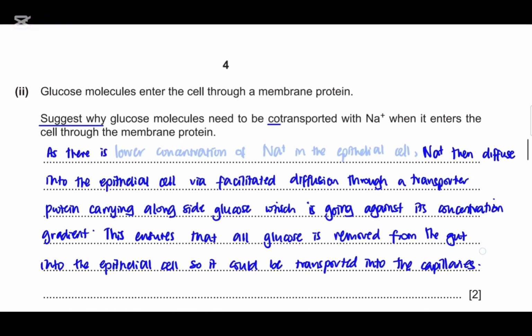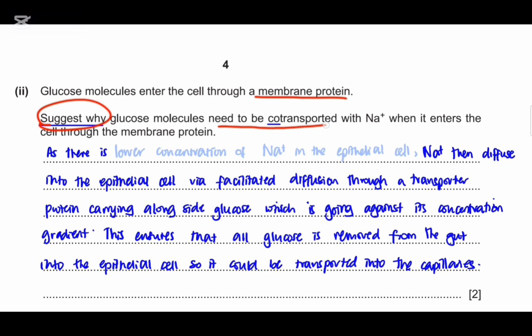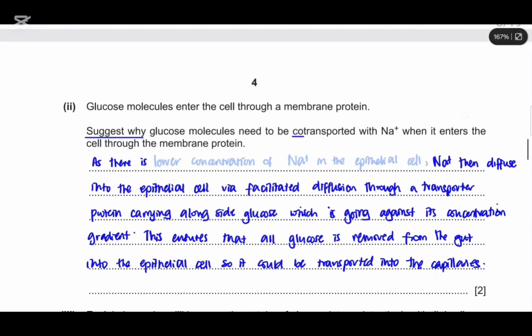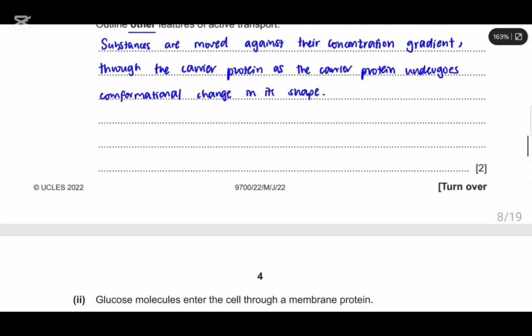And next question. Glucose molecules enter the cell through a membrane protein. Suggest why a glucose molecule needs to be co-transported with sodium ions when it enters the cell through the membrane protein. Alright, so we went through the summary here.